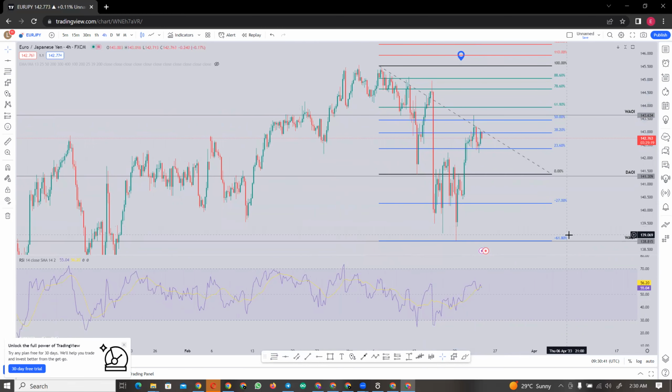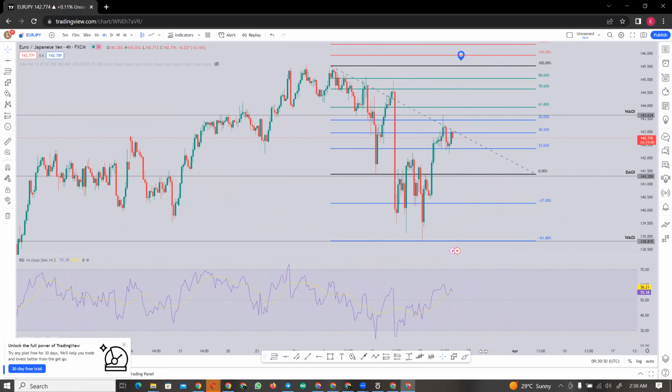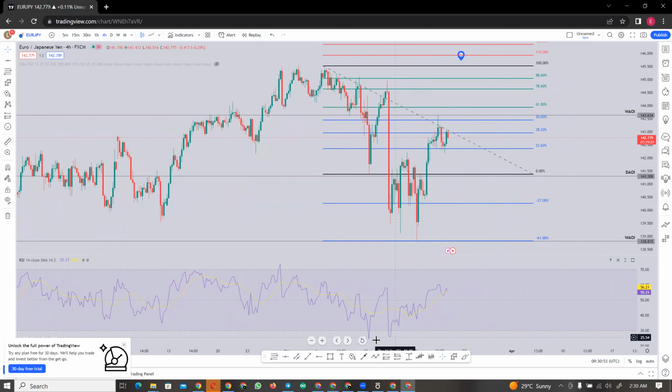You know, you see how this weekly and EMA and negative 61.8 just rhymed. So on this place, this stuff here, this market is bullish.